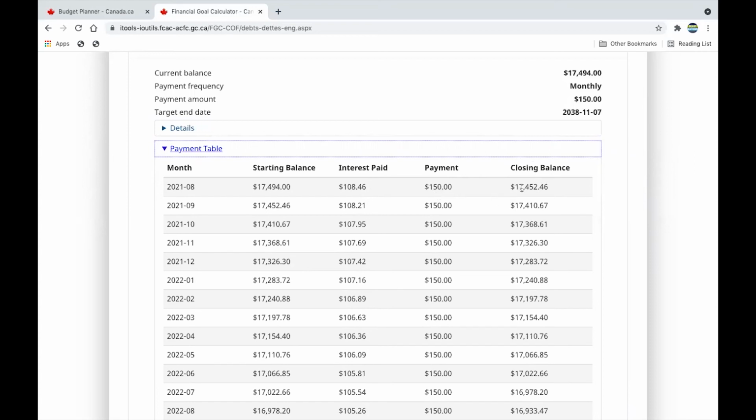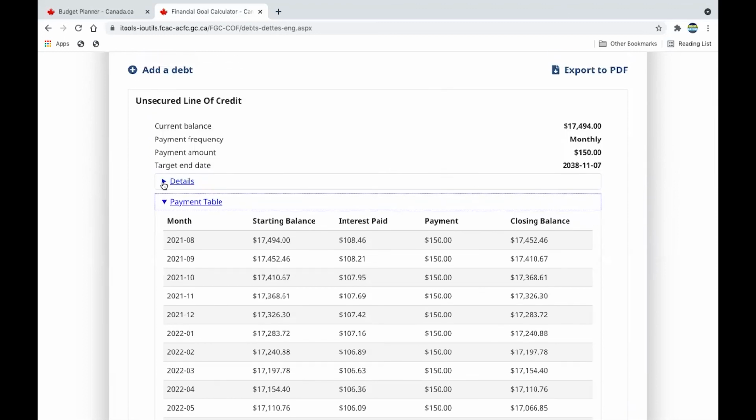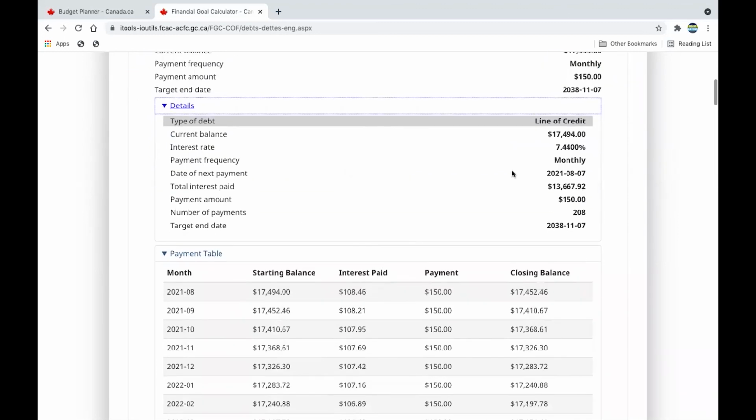And after that, this is your closing balance. This is a breakdown of how to understand why it's going to take you so much time to pay off this line of credit, and also how much you're going to be paying in interest.